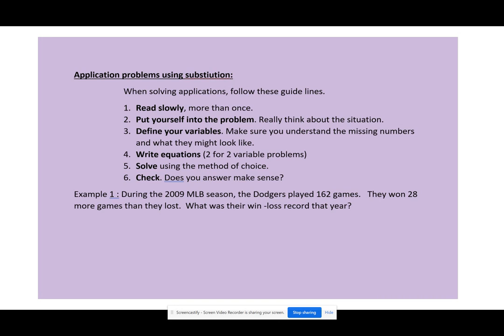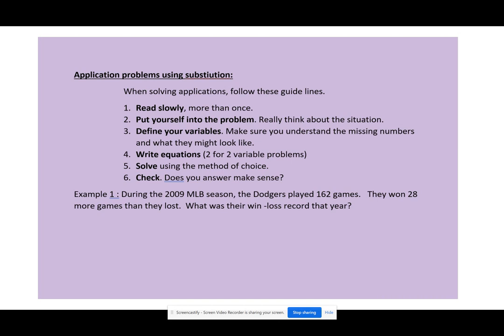Equations are just mathematical expressions or mathematical relationships between these missing numbers. You know something about them, so we've got to get some mathematical relationships for these missing numbers. Then we're going to solve them. Once we have the two equations, we will solve using substitution or another method later on.